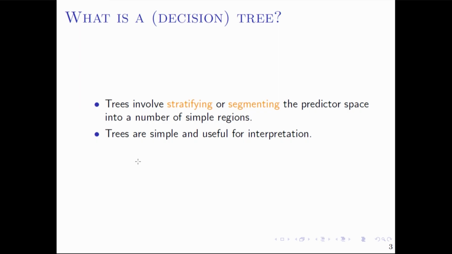It involves segmenting the predictor space into a number of simple regions, where the regions are defined only by putting thresholds on the features. It is simple and useful for interpretation. If you check that the sepal length is less than this, then check that the sepal width is greater than this, then you can say it is a setosa.